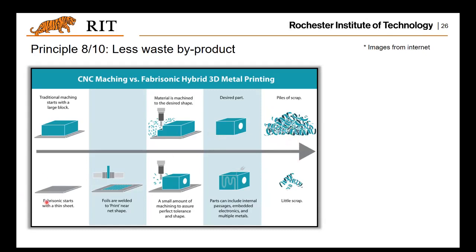But additive is the opposite of subtractive manufacturing. It adds material layer upon layer, and of course, it still requires a little machining just to remove some excess material to satisfy the clearance and the tolerance, but the amount of removed material is much less than using machining.